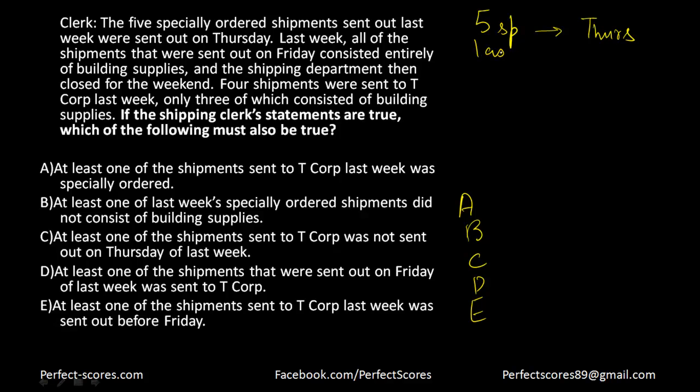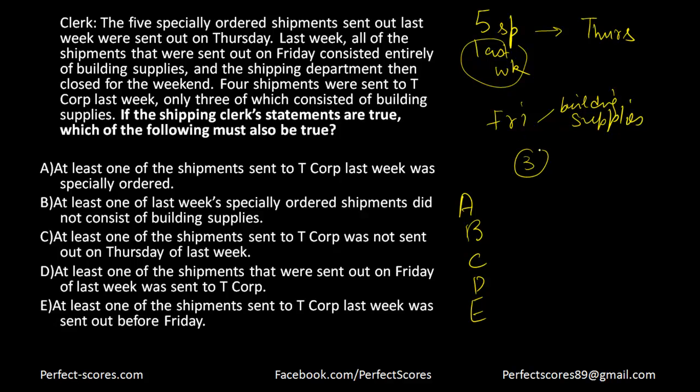Right, 5 special shipments last week were sent on a Thursday, and plus last week all of the shipments that were sent on Friday consisted entirely of building supplies, and the shipping department then closed for the weekend. That means there was no shipping done after Friday. Now 4 shipments were sent to T Corp last week, only 3 of which consisted of building supplies. That means 3 of them were building supplies. That means one of them is related to something else.